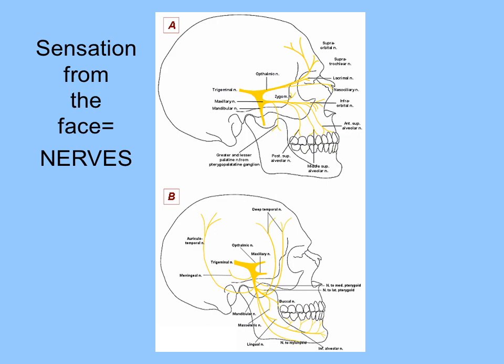The ophthalmic and maxillary divisions are purely sensory divisions of the trigeminal, while the mandibular division has both sensory and motor components to it.